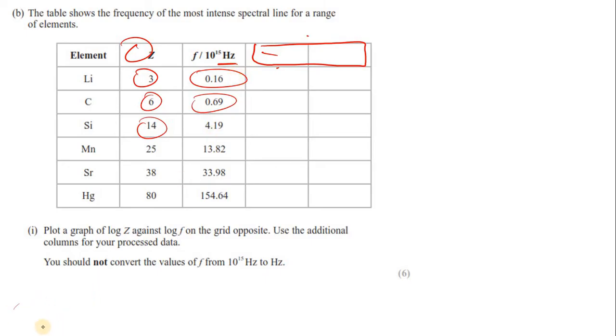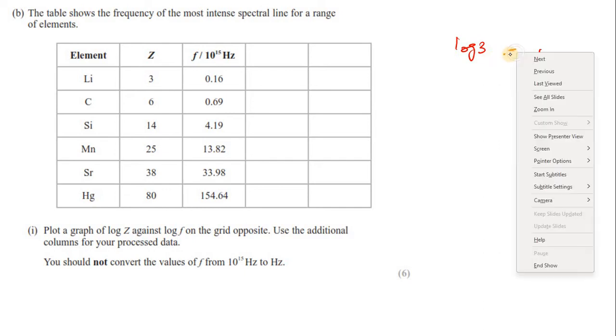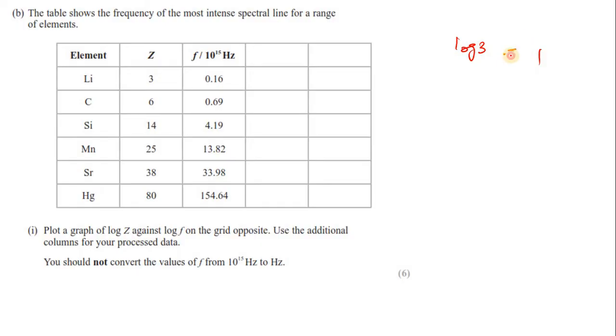Now if you use your calculator to figure out the log of these numbers, basically log of 3 will give you around 0.4771. But if you see, the frequency is given to 2 decimal places and Z's are given to 2 significant figures, so you can round it off to 2 decimal places.